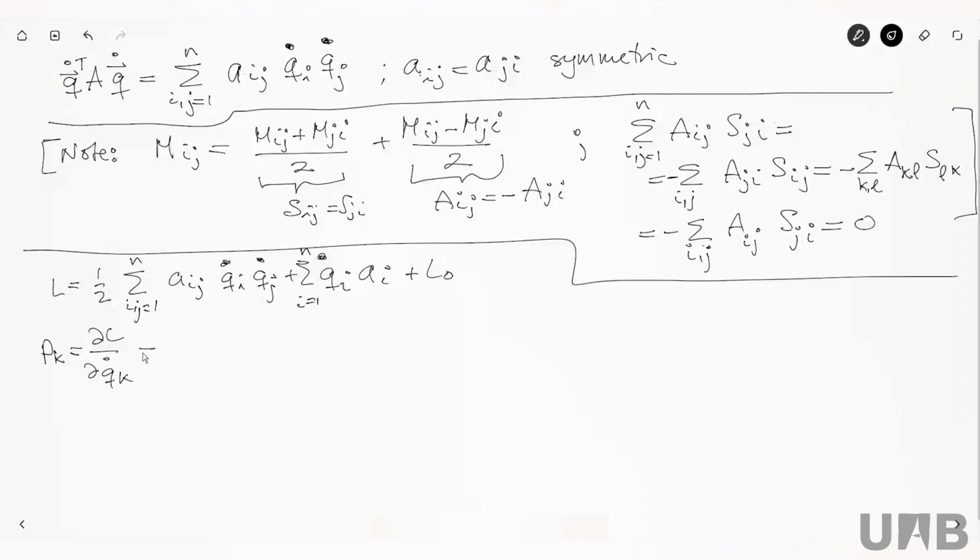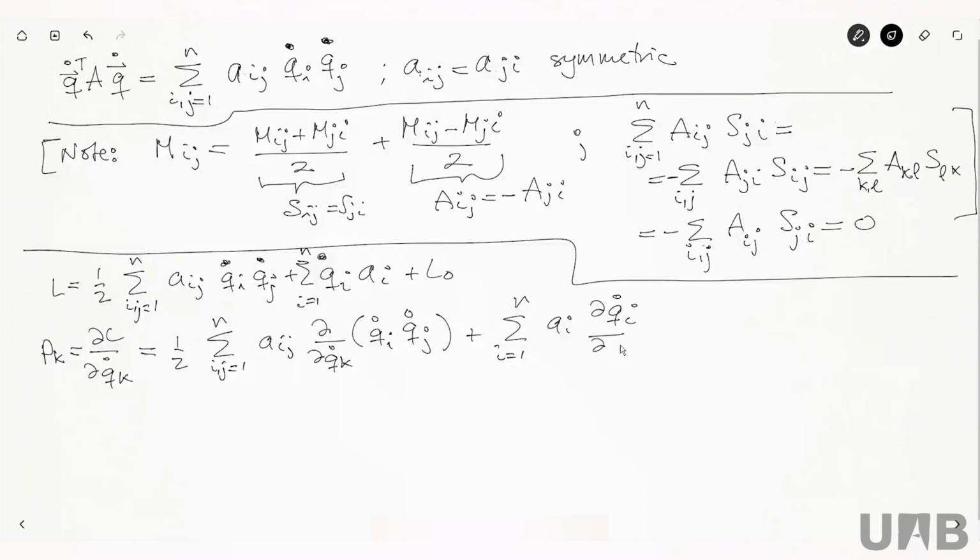The canonical momentum p_k is the derivative of L with respect to q dot k. That's what I have to do. So I have to take the derivative of this expression with respect to q dot k. That means I'm going to get 1/2 the sum over i and j from 1 up to n of a_ij, times the derivative with respect to q dot k of the product q dot i q dot j, plus the derivative of the sum from i equals 1 up to n of a_i q dot i with respect to q dot k, plus 0, because L0, by hypothesis, does not depend on the q dots.